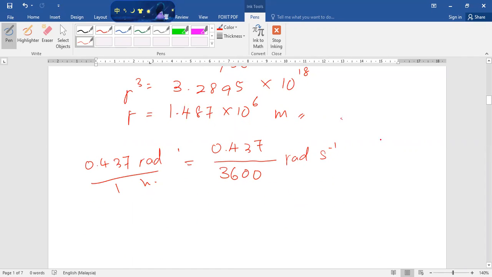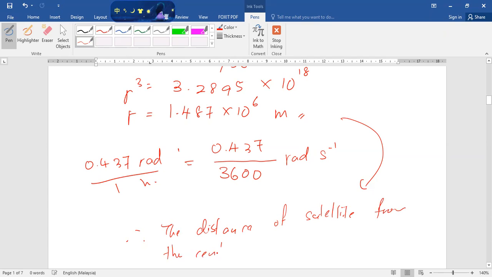So as a result, the distance will be 1.47 times 10 to the power 6 meter.